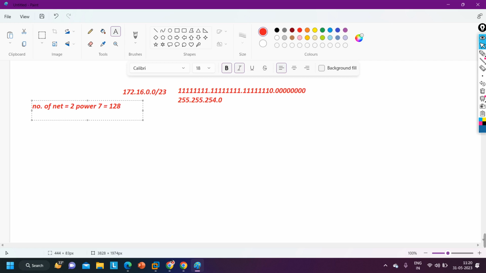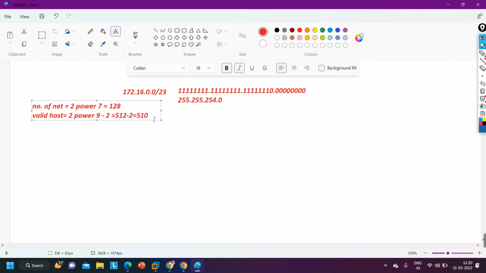Second is valid hosts. Valid hosts will be 2 power 9 minus 2. 2 to the power 9 is 512. 512 minus 2 is 510.